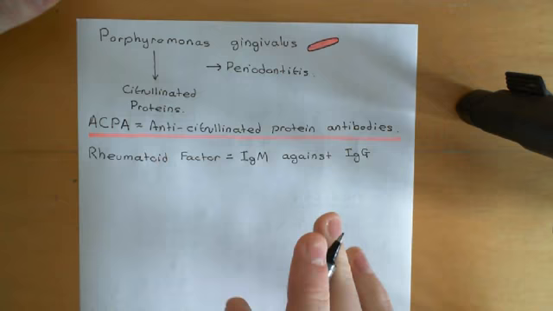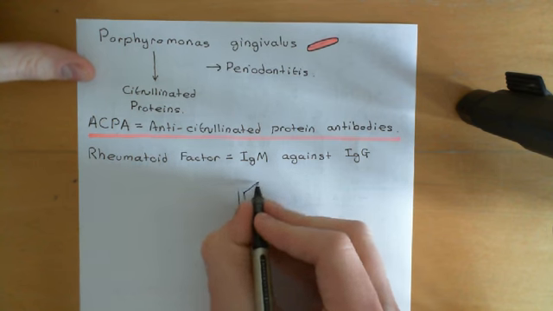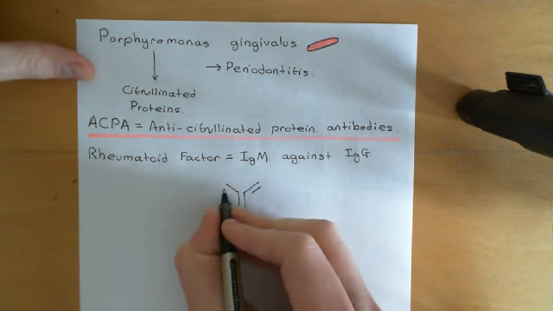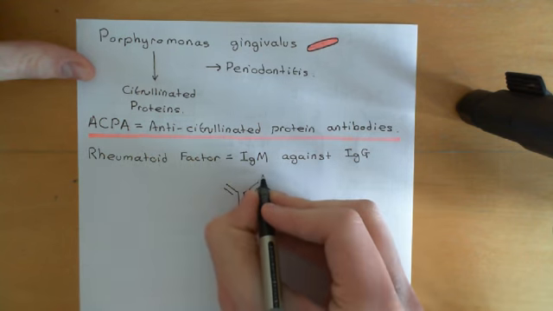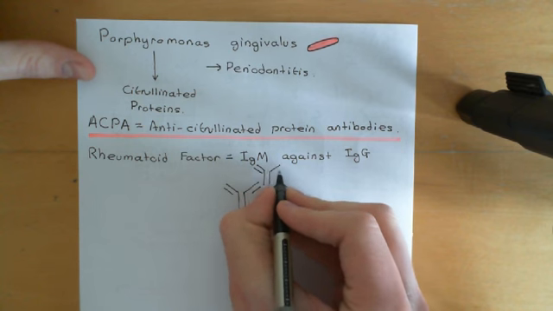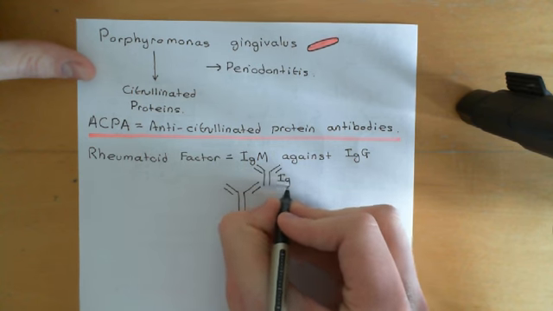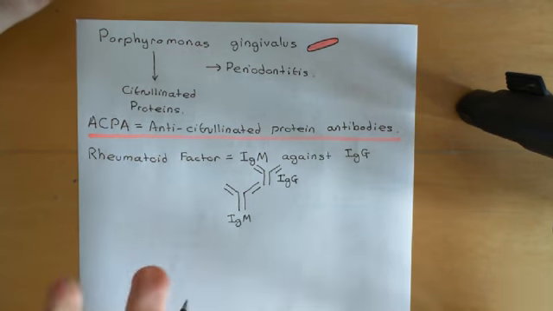So understand this. Basically, this is producing an IgM antibody, which I'll draw here. So this is our IgM antibody, which is capable of binding to that constant region of IgG antibodies, like so. So this is our IgG antibody. So it's an antibody against antibodies, basically, against the constant region of IgG antibodies.